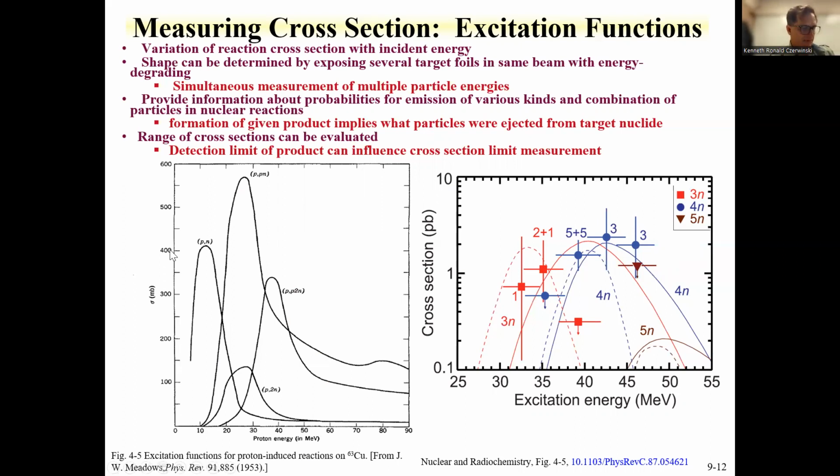So if I have copper 63, I'm going to get out my chart of the nuclides. If I have a proton on copper 63, the product of that is copper 63 plus the proton is zinc 64.